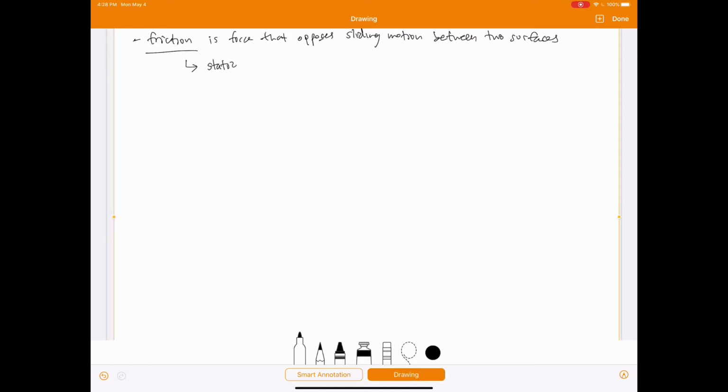So when we have static friction, this is referring to the case where there's no motion or no relative motion between the surfaces. So let's say you're pushing a box, you're trying to get it to slide across the floor, but if you don't push it hard enough, it's not actually going to move. So in that case, the force that's opposing your push is called static friction. And the way it works is static friction is less than or equal to μs times N.